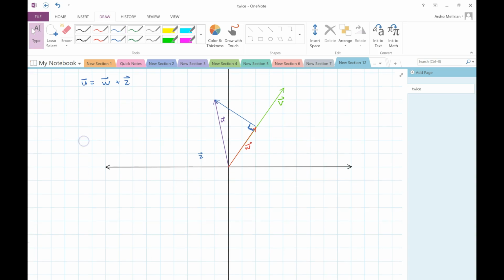Okay, so now, what's the big deal? Why do we use this? Why do we need vector representations, and why do we need dot products? Well, have you guys ever heard of force? You've heard of force.